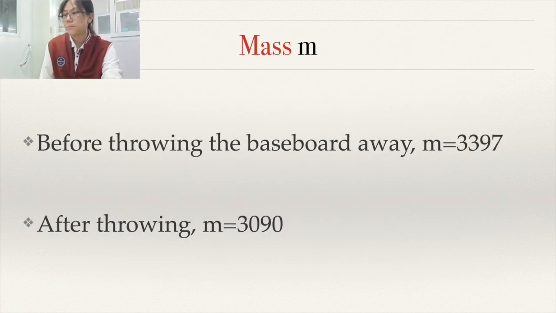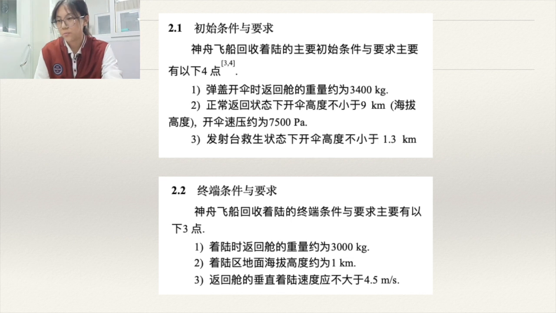So here comes the mass. And from one article, I can get that the first time the parachute is opened, the guide parachute is opened, the weight of the return capsule is about 3,400 kilograms, and when it lands, like all those baseboards and main parachute are ejected, its weight is about 3,000 kilograms.